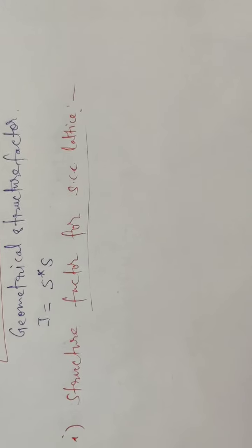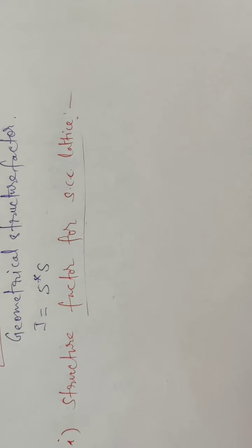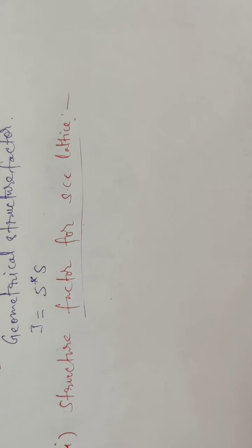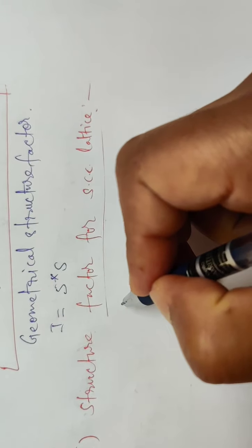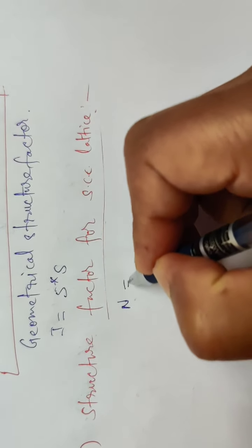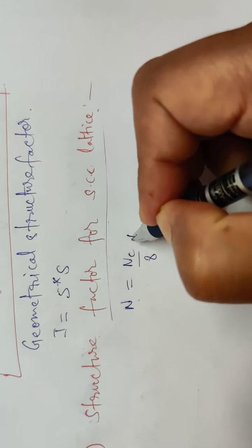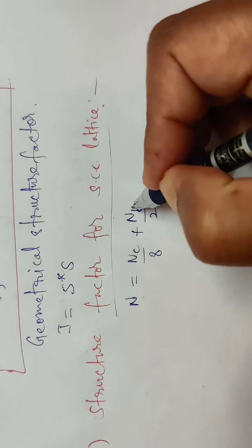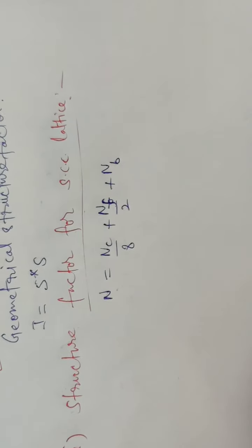So now in the simple cubic crystal, there is one atom per unit cell, which is at the corners. I have told you that the contribution of atoms is given by n equals number of corner atoms divided by 8, plus number of face centered atoms divided by 2, plus number of body centered atoms.